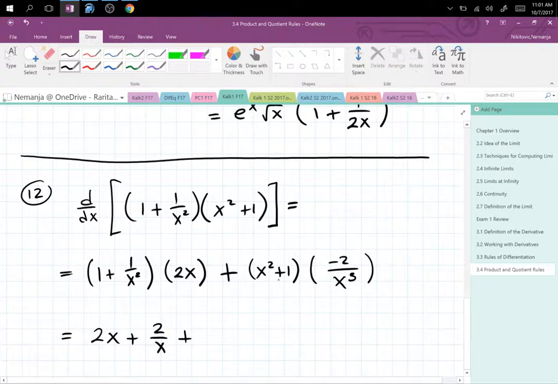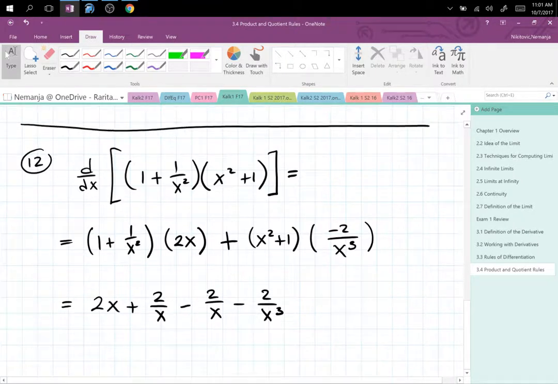Plus, when I multiply this through, I get negative 2 over x minus 2 over x cubed. These two cancel, and we have 2x minus 2 over x cubed. Is this correct? Everyone happy with this?